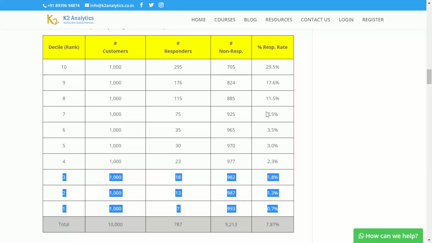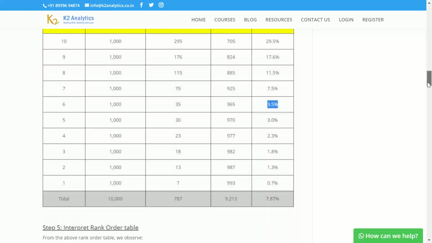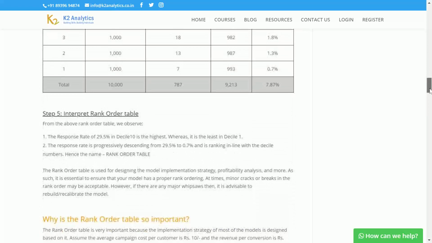However, if the crack is here, 7.5 and then 8.5 instead of 3.5, I cannot ignore it, because it is in the segment where I am actually going to do the marketing. So depending on your implementation and your business objective, you may have to pay more attention to this.